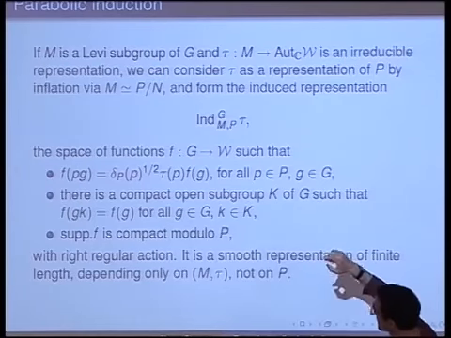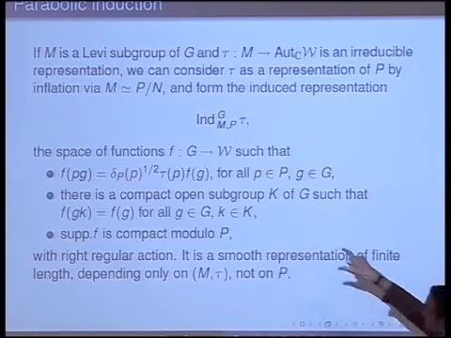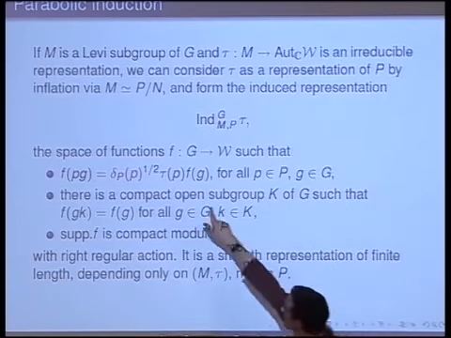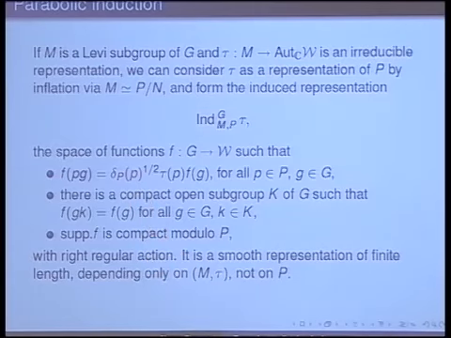And so this is actually what's called compact induction, I've just realized. But it's the same here. But it's not quite just that they transform on the left under τ. There's a normalizing factor here, and this is the modulus character.